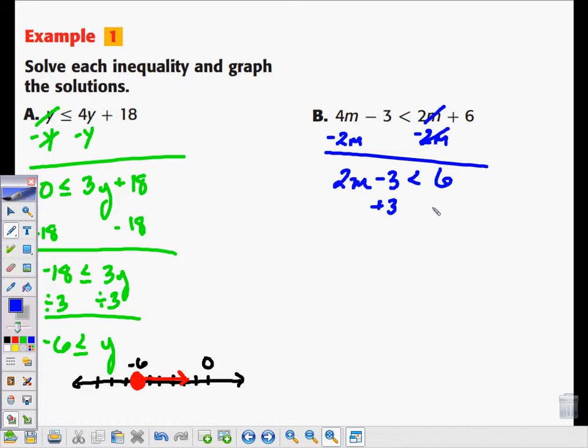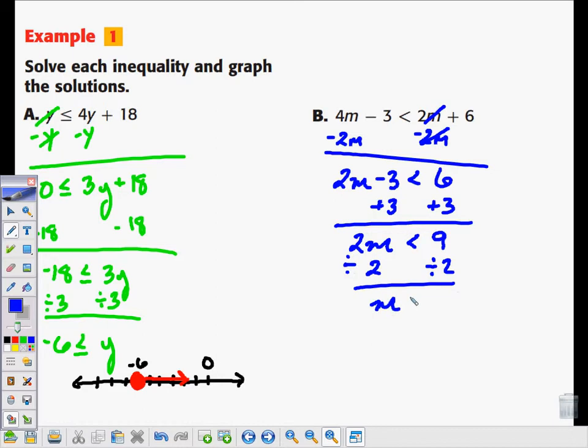I add 3. Now to isolate the m variable, I'm left with 2m is less than 9. Divide by 2. And we have m is less than 4.5. And then I can graph it the same way I did on the previous example.